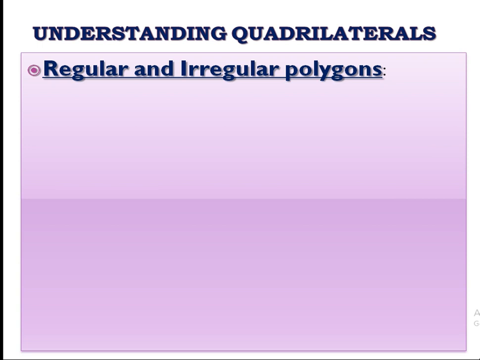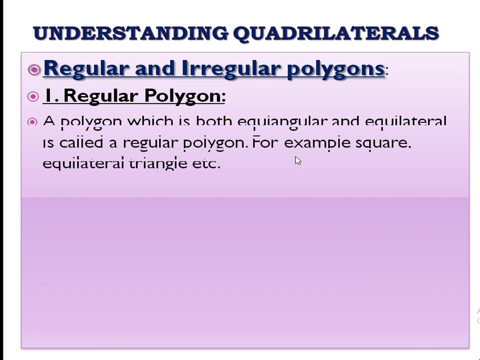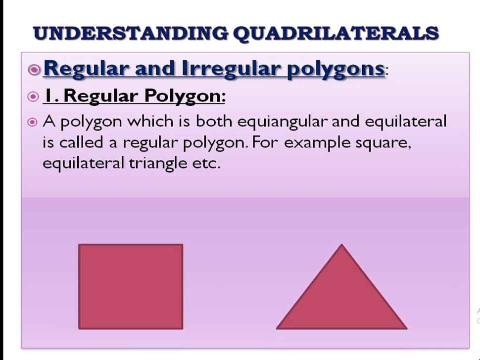Now regular and irregular polygons. Regular polygon. Let's see. A polygon which is both equiangular and equilateral is called a regular polygon. For example, square, equilateral triangle, etc. Here it is.